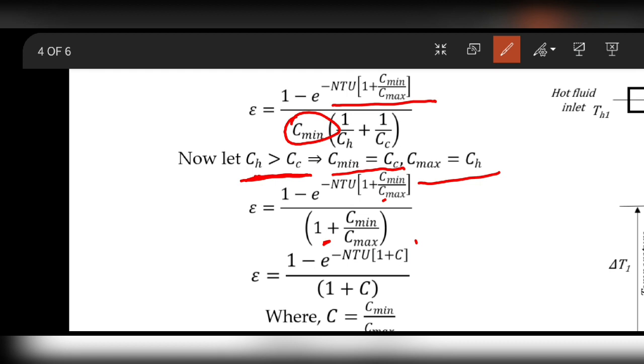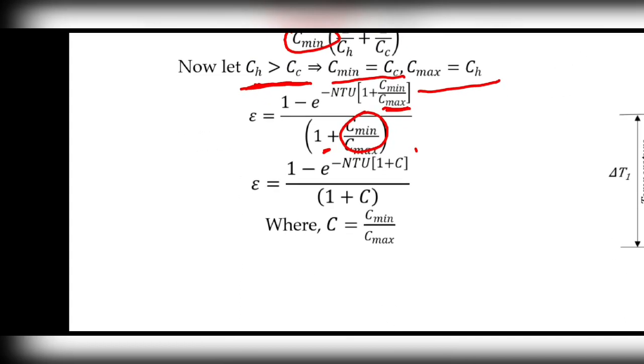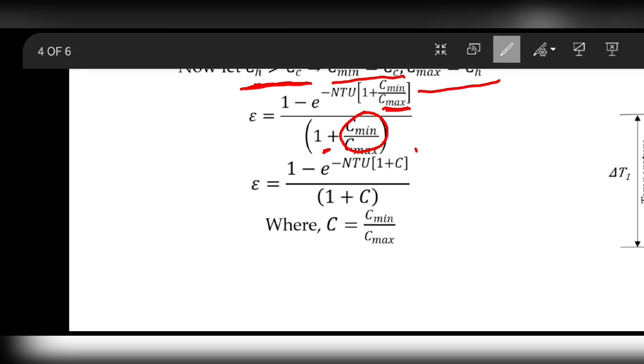Now if you look at the C minimum by C maximum ratio, it is present in the numerator as well as in the denominator. In the numerator, it is present inside the exponential power, but in the denominator we have it added to 1. So what I'll do is, I'll define one more term called capacity ratio or heat capacity ratio, capital C, which is equal to C minimum by C maximum, because that is the ratio we have in the numerator as well as denominator.